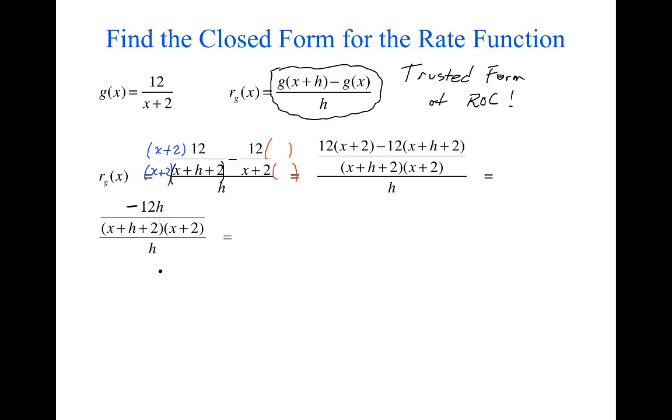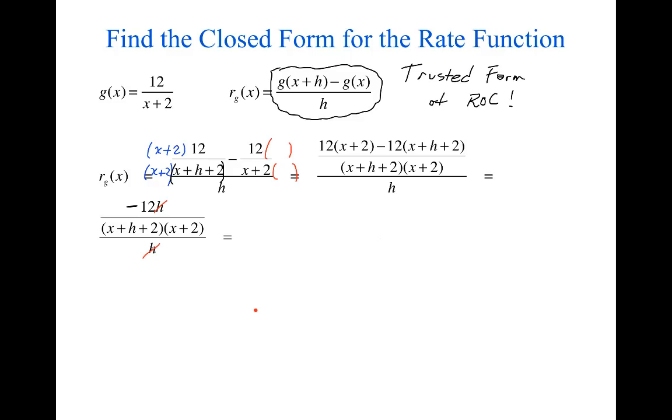See what happens next? The h's can go, right? I have an h in the numerator of the whole fraction, and I have an h in the denominator, so those can go. Wait, what? Well, there's an h in the numerator and denominator, but the numerator is itself a fraction.